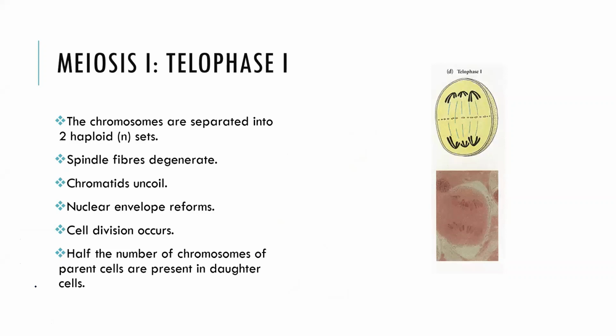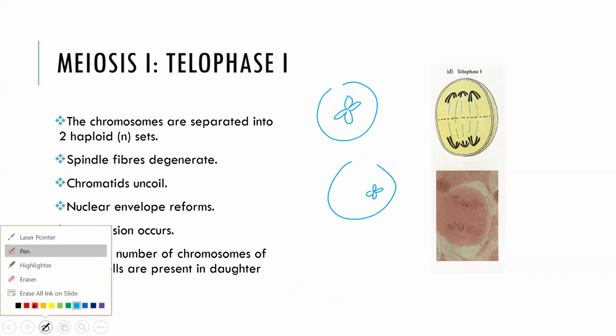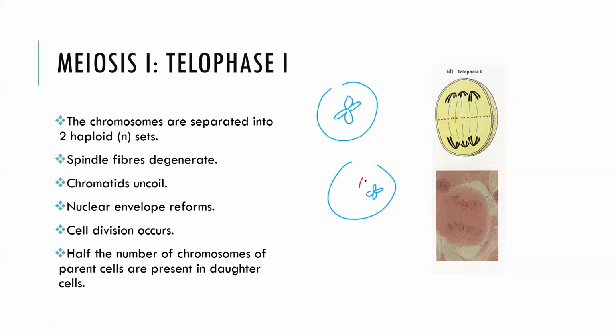So now in each cell we have only one set from the homologous chromosome. So you have only the paternal chromosome here, only the maternal chromosome here, like that.